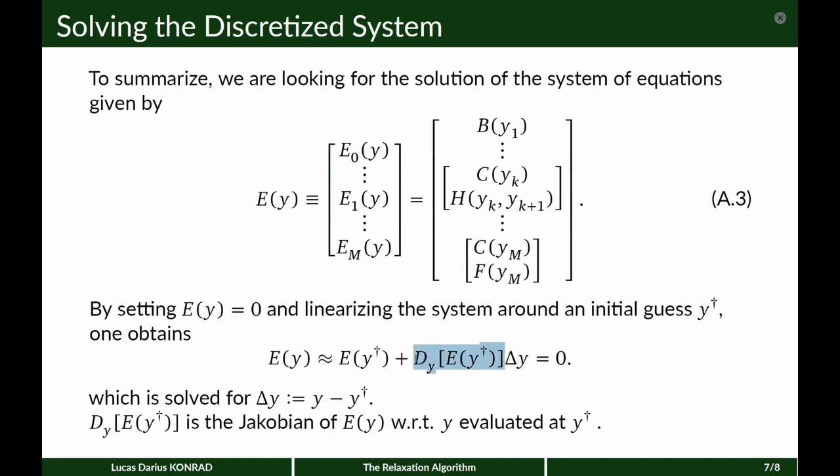So this is how the system changes if you deviate from the initial guess. So this delta y is how far we are away from our initial guess. And this now is a linear system which we can solve.